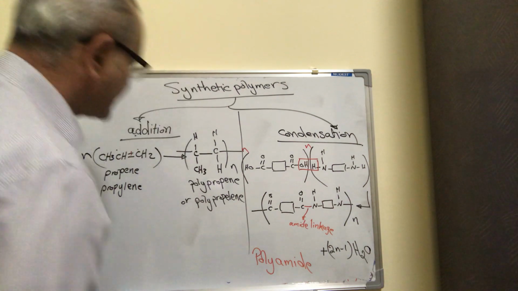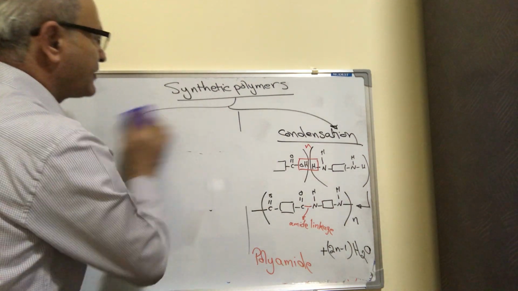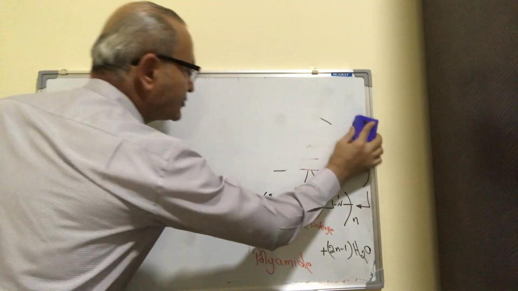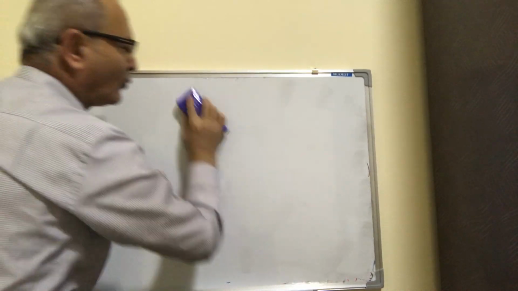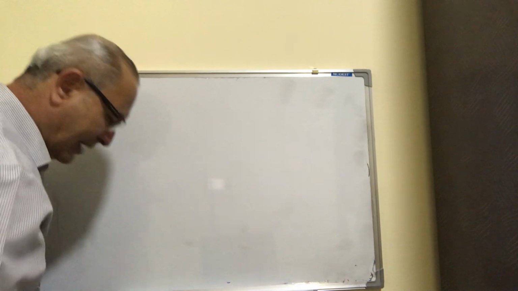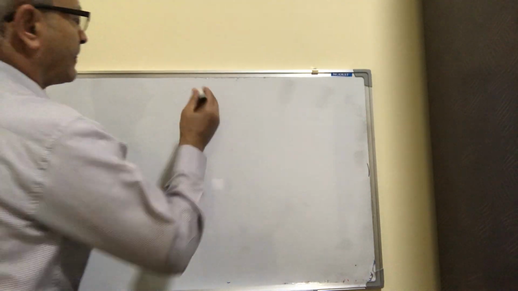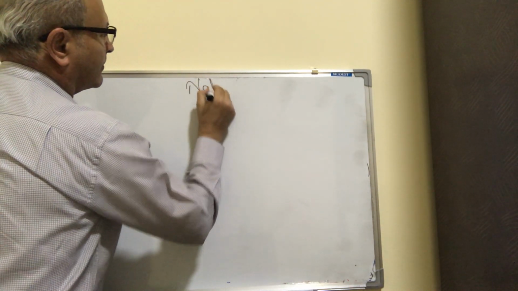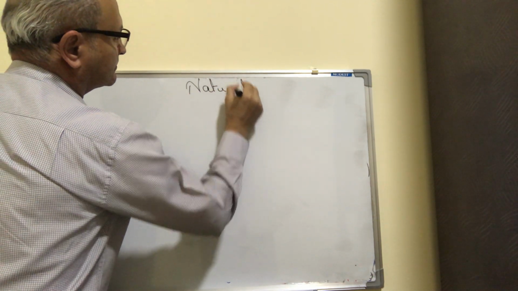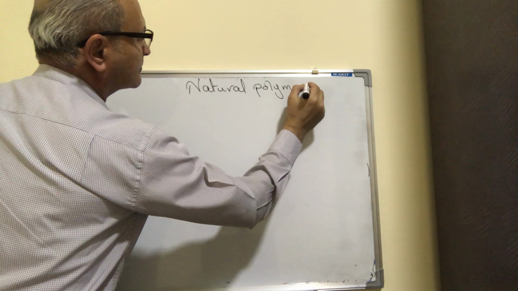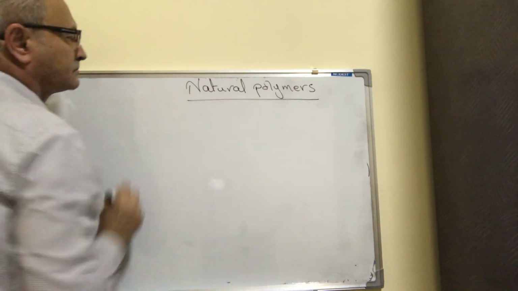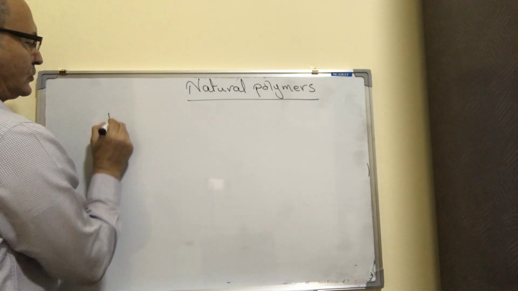Now, let's go to the other type, which are what? The natural polymers, and we will take one important example, which is what?